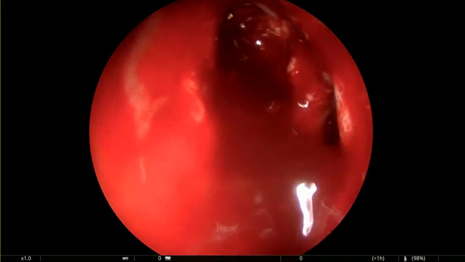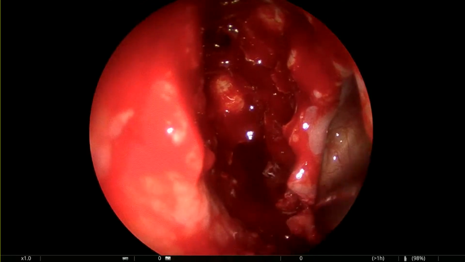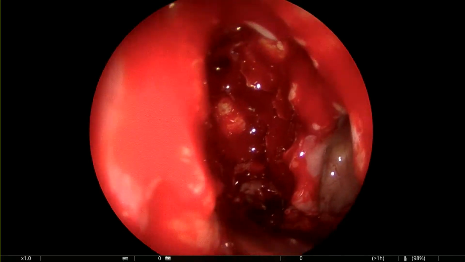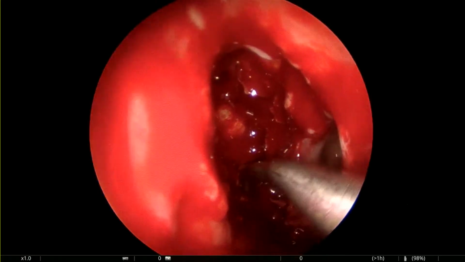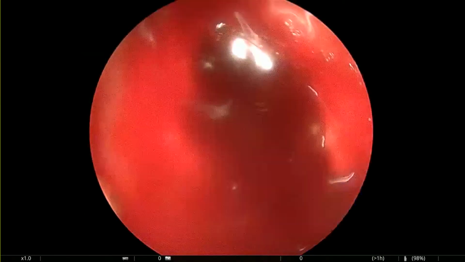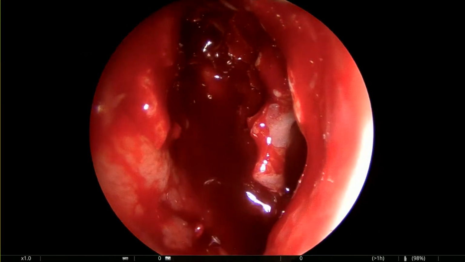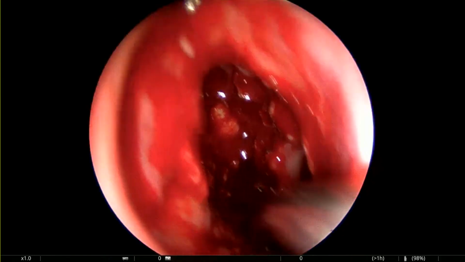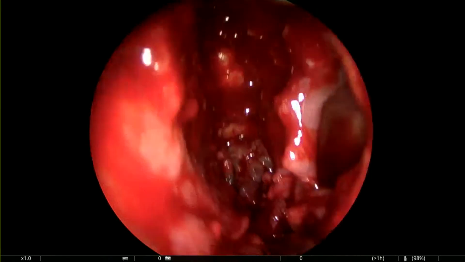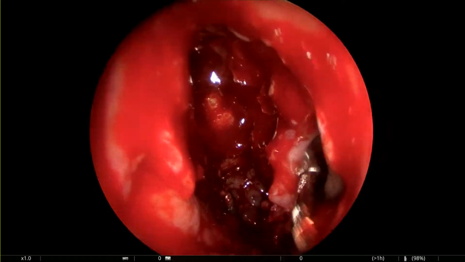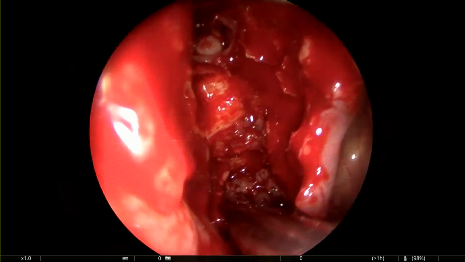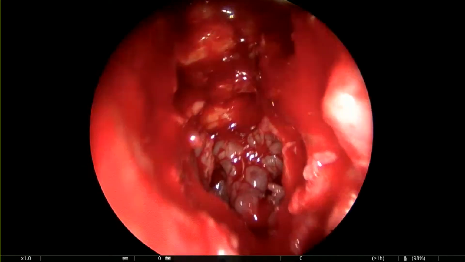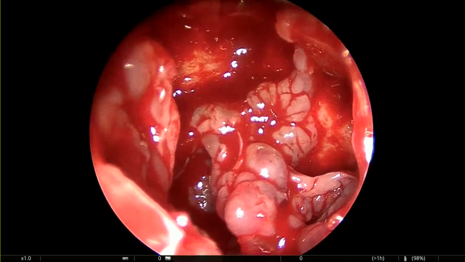And due to the fact that you haven't any excessive bleeding, I think it's not necessary to put some hemostatic material. Cool. Finished. Okay, it's clear.